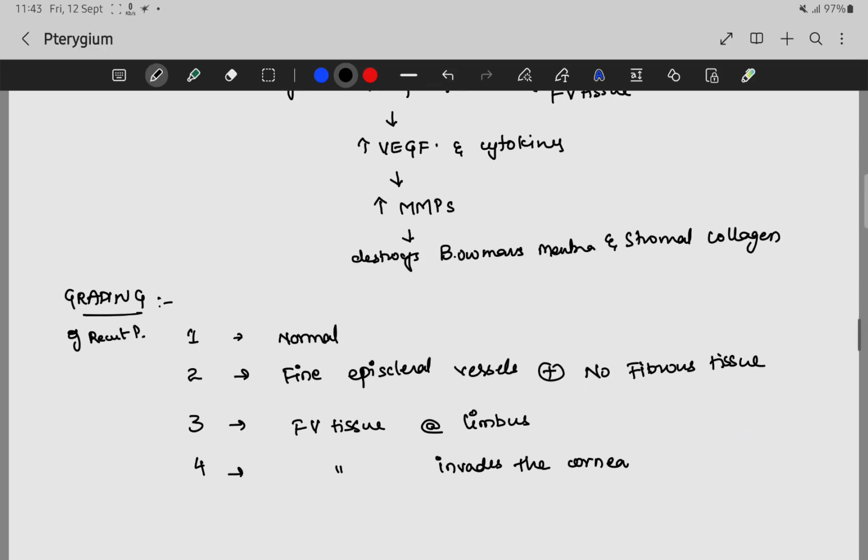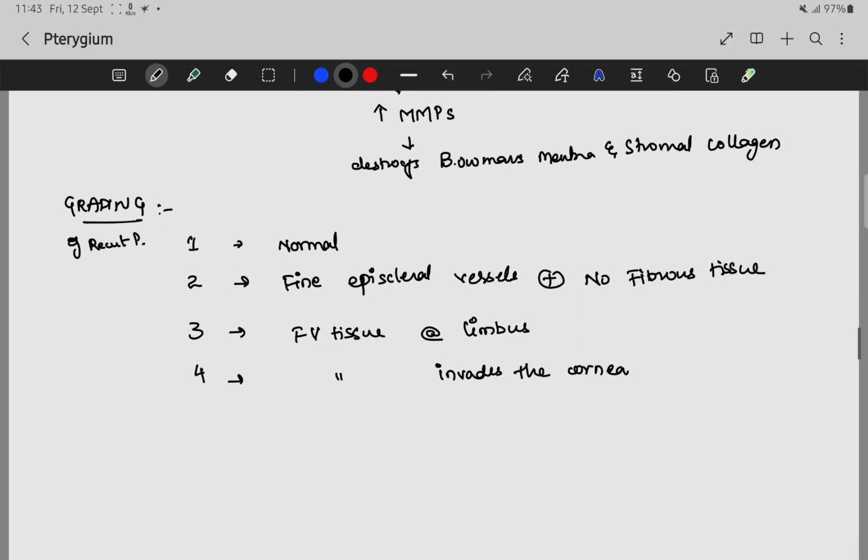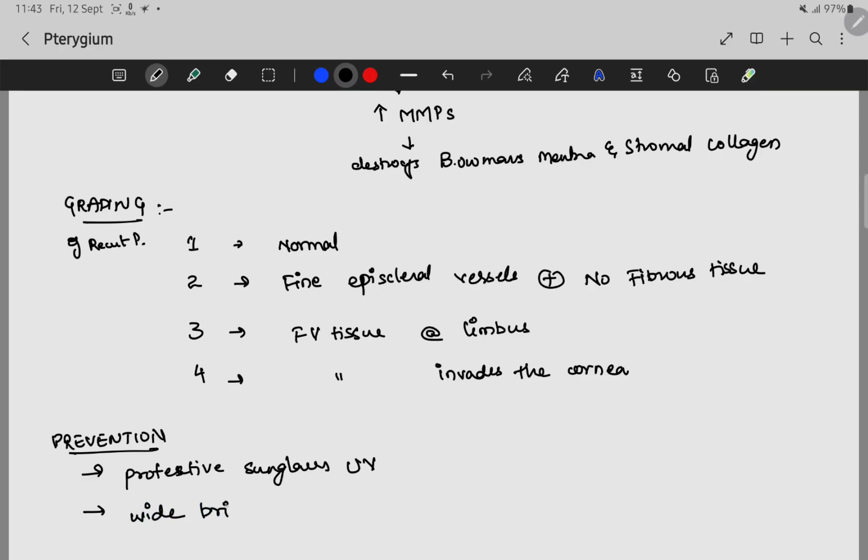So how do we prevent this? By the use of protective sunglasses, which should have UV protection, and with the use of wide-brimmed hats.